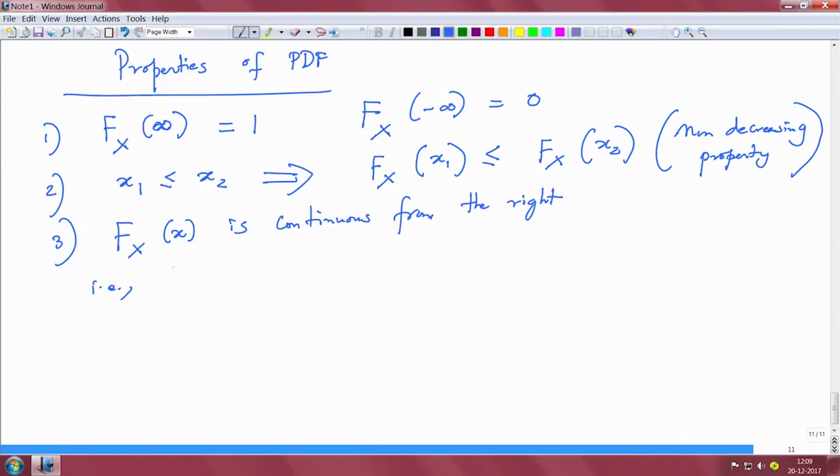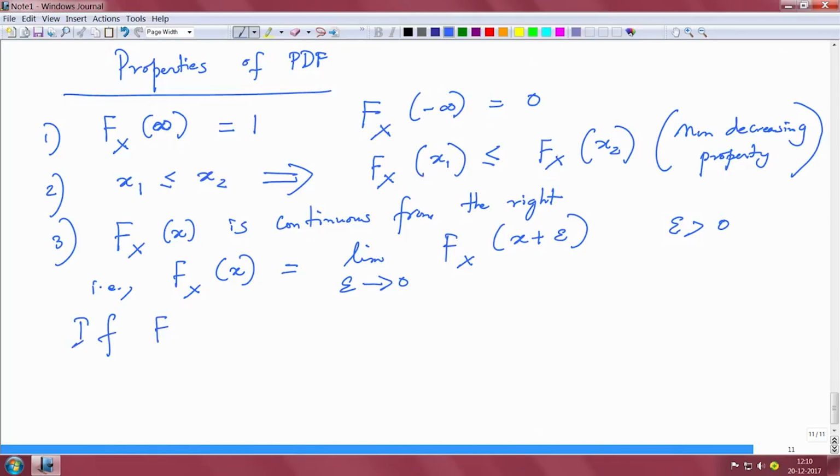What it means is capital F subscript capital X of x is basically the limit as epsilon goes to 0 of the probability distribution function evaluated at x plus epsilon, with epsilon greater than 0.